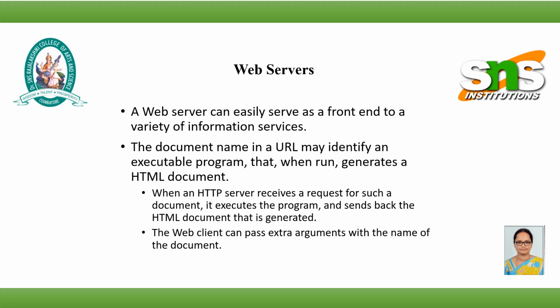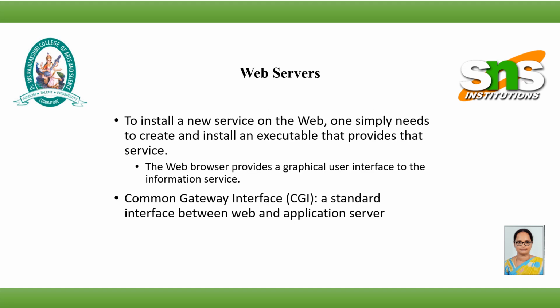When an HTTP server receives a request for a document, or to execute a program, or to send a document to some other person, the web client can pass extra arguments with the name of the document. Based on the name of the document, we are sharing that to the web server.